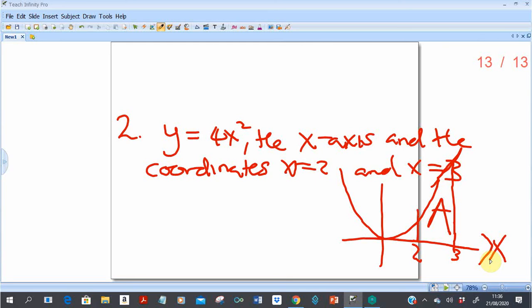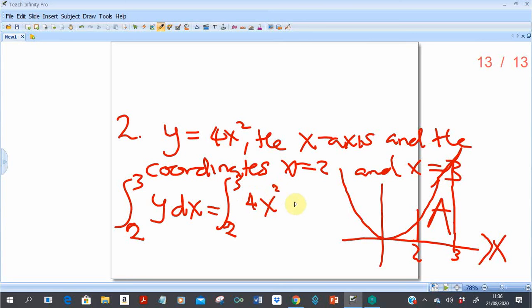So what is our area? We need 2 points of x, which are 2 and 3, y function dx. The y is 4x squared. So we have the integral from 2 to 3 of 4x squared dx.